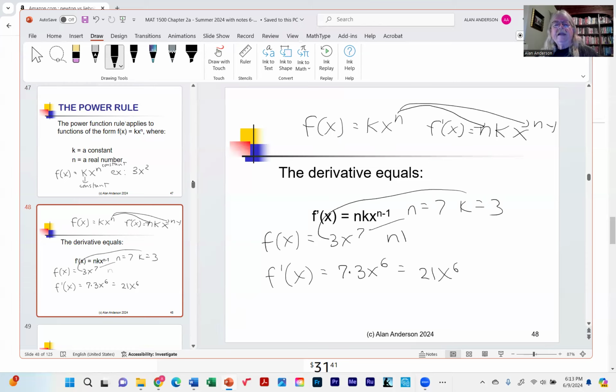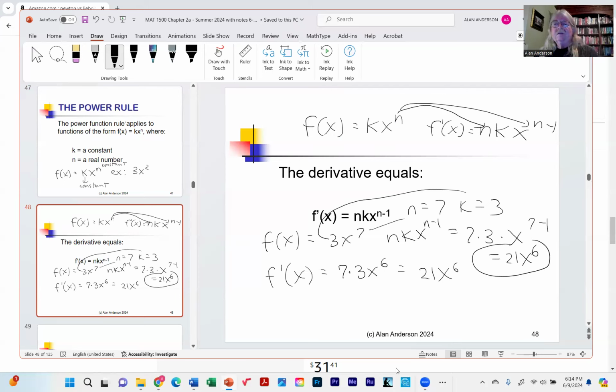And so nk times x to the n minus 1 is 7 times 3. Oh, I left out the x, sorry. x to the 7 minus 1, and that reduces very nicely.